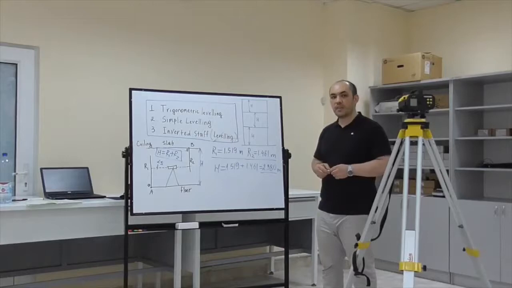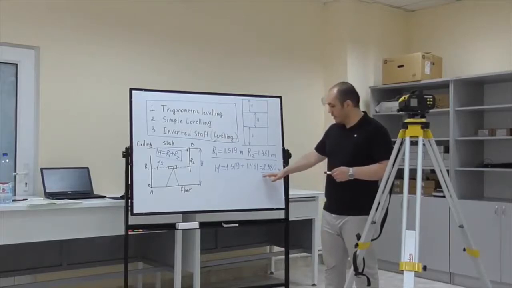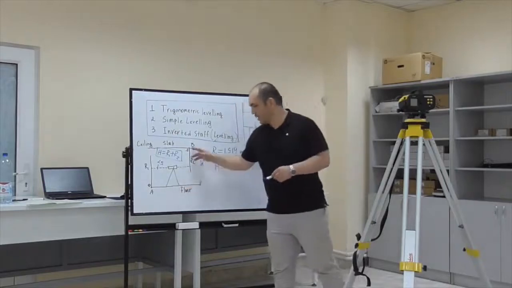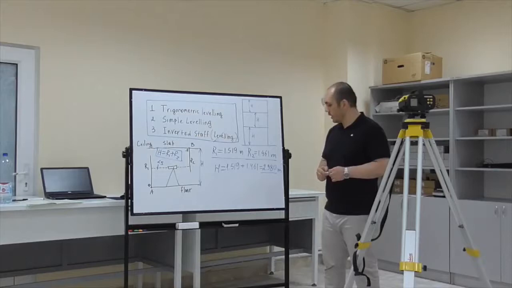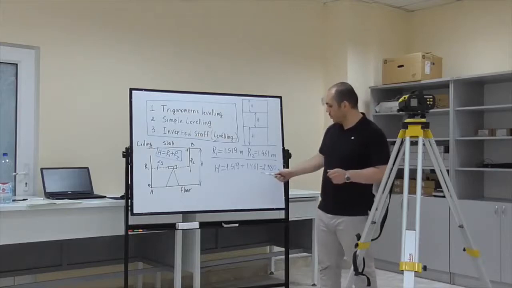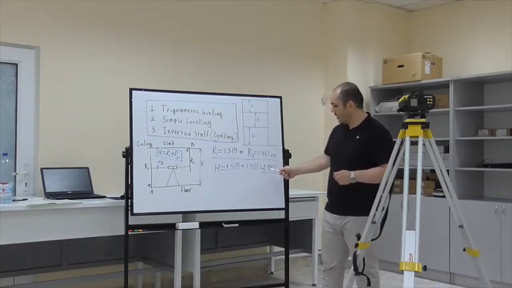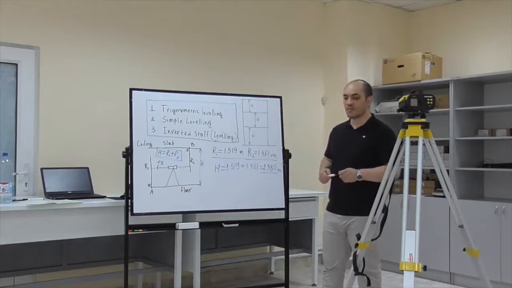Now we have obtained the relative height between A and B, and this is the height of this room, 2.98 meters. This is almost 3 meters.